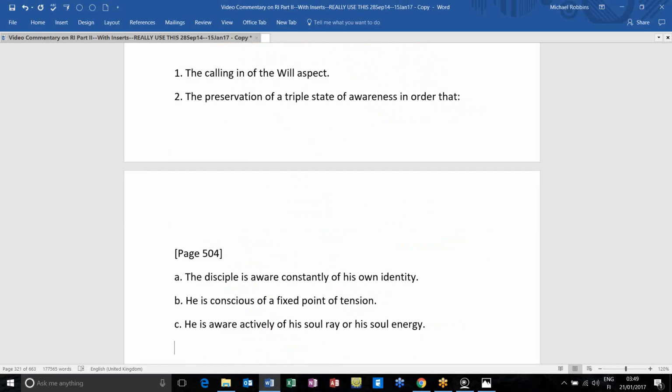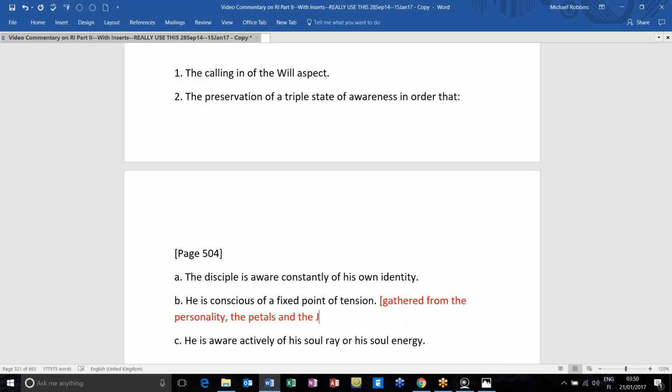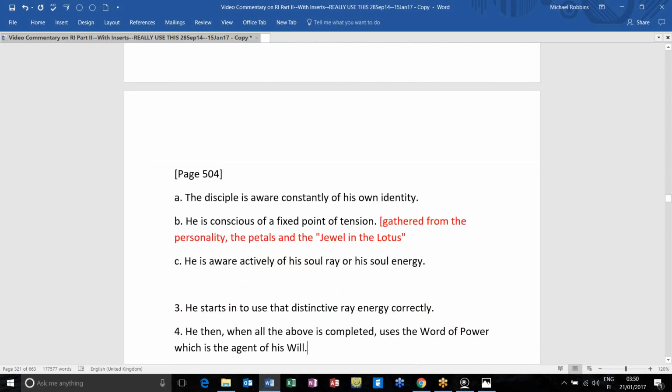The disciple is aware constantly of his own identity. He doesn't become passive or lose his sense of who he is and what he's doing. He's conscious of the energies that have been gathered from a triple source, really, from the personality, from the petals, and from the jewel in the lotus. And he's aware of his soul ray and soul energy, and he tries really to feel this.